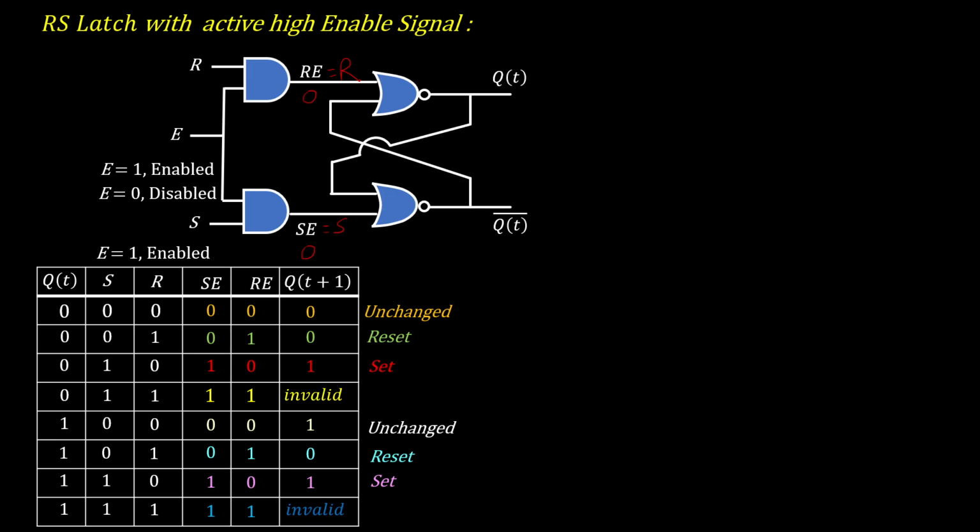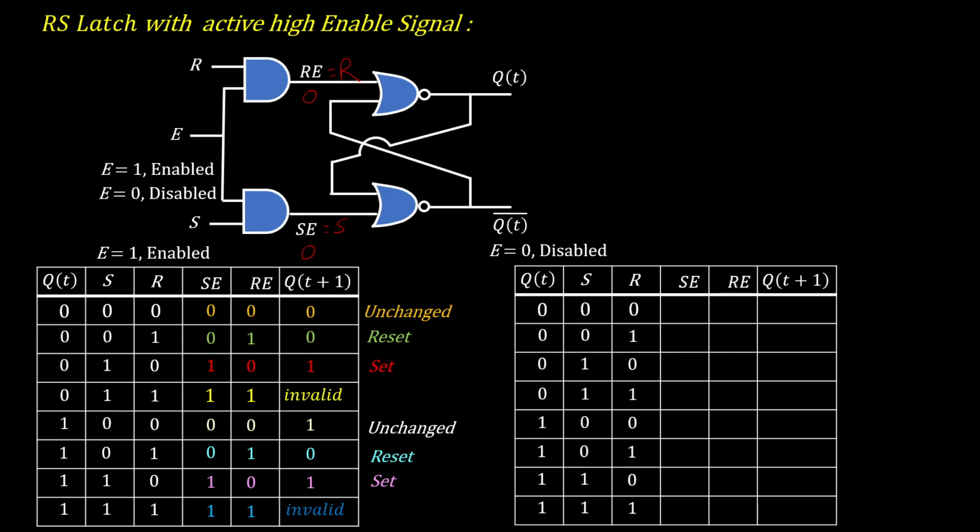Now, what if the enable signal is 0 or the RS latch is disabled? If the enable signal is 0, then SE and RE are 0 all the time. So, if S and R both are 0 all the time, then the next state is equal to the present state.